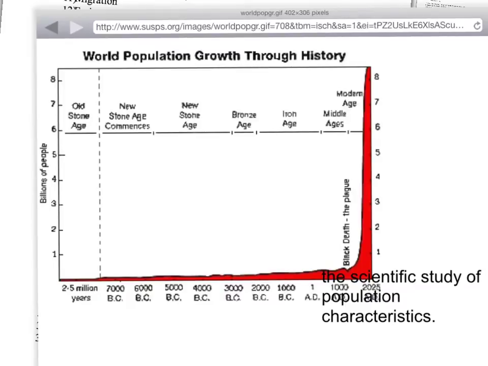It didn't hit 1 billion until probably the first few years after the Industrial Revolution took hold. You can see that from 1 AD to about the 1000s or 1500s, population did seem to increase a little bit more.